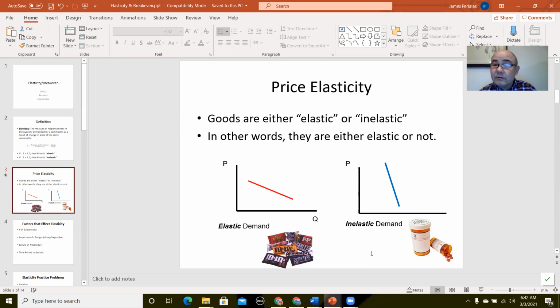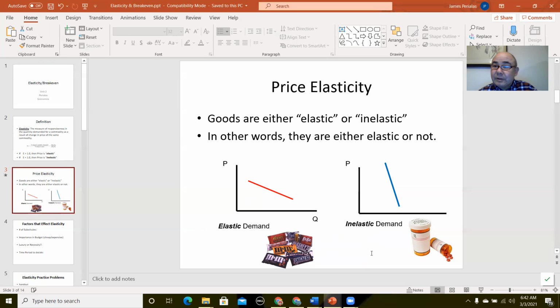That is an example of an elastic good, candy bars, those sorts of things. And the more steep a demand curve is, the more inelastic it will be. And I've got an example there of medicine, pharmaceutical drugs, not necessarily illicit drugs, but pharmaceutical drugs.